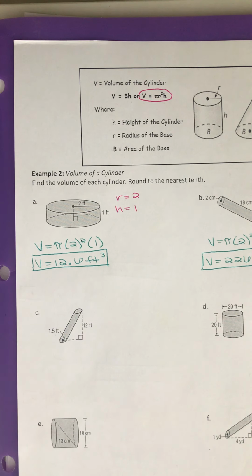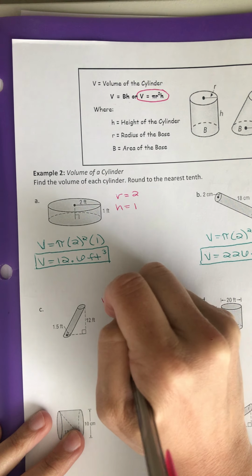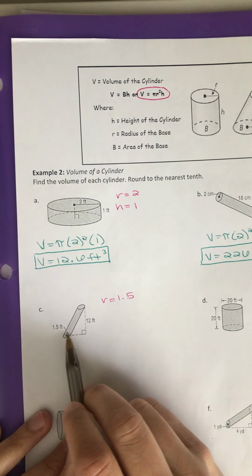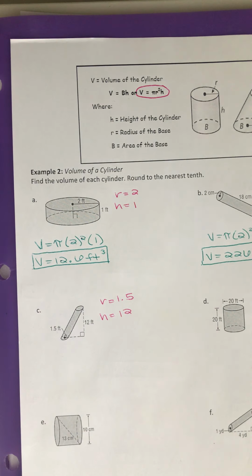Let's try another one. My radius is 1.5. It's down here. The height of my figure is 12.